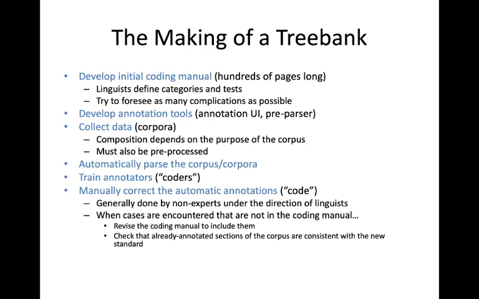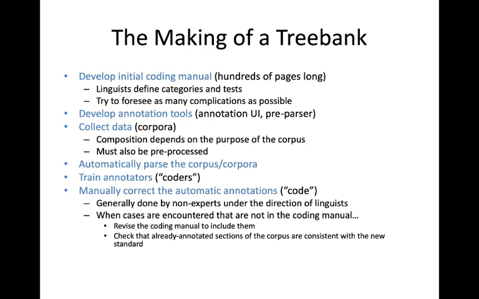And you have to pre-process it so it's in a consistent format that can be used by the annotation tools and so on. Then you have to automatically parse the corpus. So you have to have some parser that will already work on the corpus. And you have to train a bunch of annotators, coders, who will learn everything that's in that annotation manual, which is probably several hundred pages long, and apply that in correcting trees.